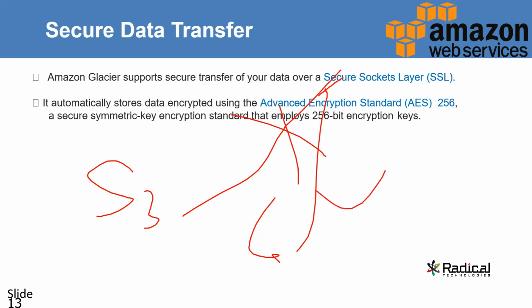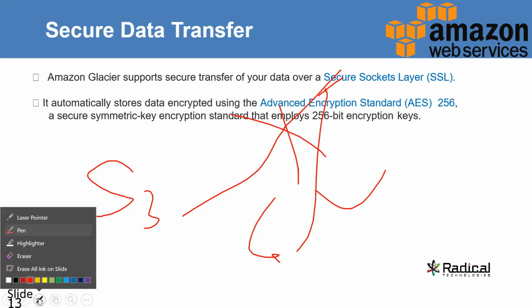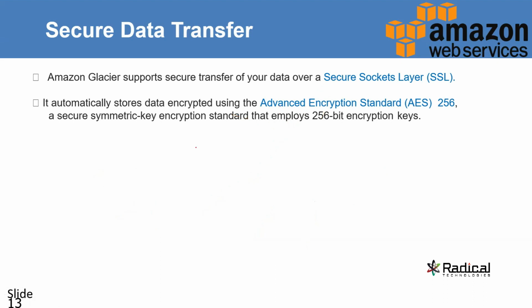Remember, this is the biggest difference, and interviewers like to ask this question a lot. The kind of encryption is the same one we learned in AWS, AES 256, the industry's best encryption that AWS provides. You can Google it and understand what kind of encryption this is.